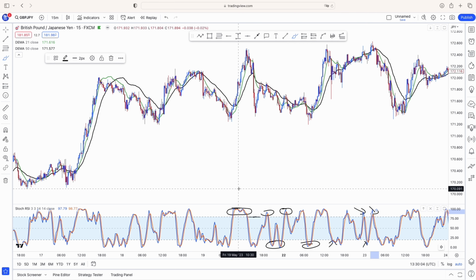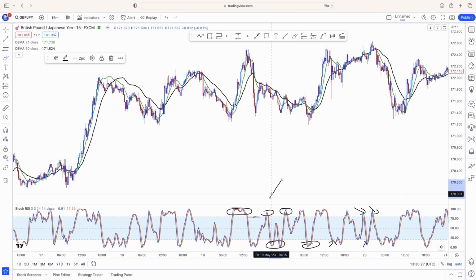We're going to combine the two strategies. They're going to give us a confluence. What do I mean by that? We want the condition for buy here and the condition for buy here to happen at the same time. I'll be teaching you one step at a time. When the blue line crosses and goes above the orange line, we look for buying opportunities.